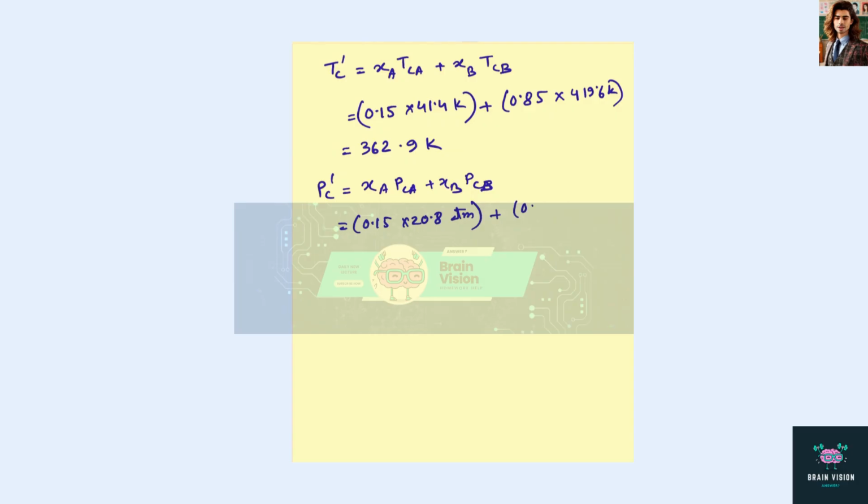Similarly, the pseudo-critical pressure is 0.15 multiplied by 20.8 atmospheric pressure plus 0.85 multiplied by 39.7 atmospheric pressure, and the pseudo-critical pressure we get is 36.9 atmospheric pressure. Now we can calculate the pseudo-reduced temperature.